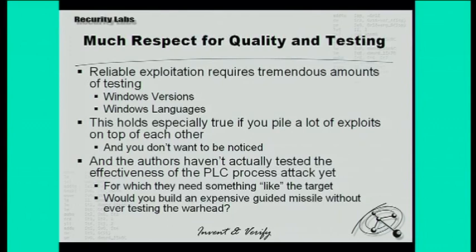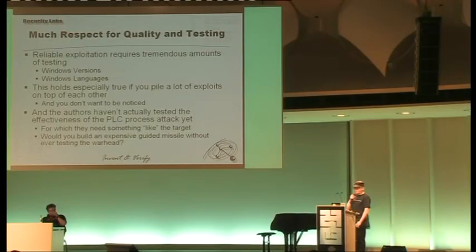I would also like to point out that I have very much respect for the quality and testing that was done around the whole Stuxnet code. Everyone who did reliable exploitation in the wild for a specific target knows that, essentially, you own half the internet that is running the software you're attacking, and the target you're really targeting still refuses to give you a shell.